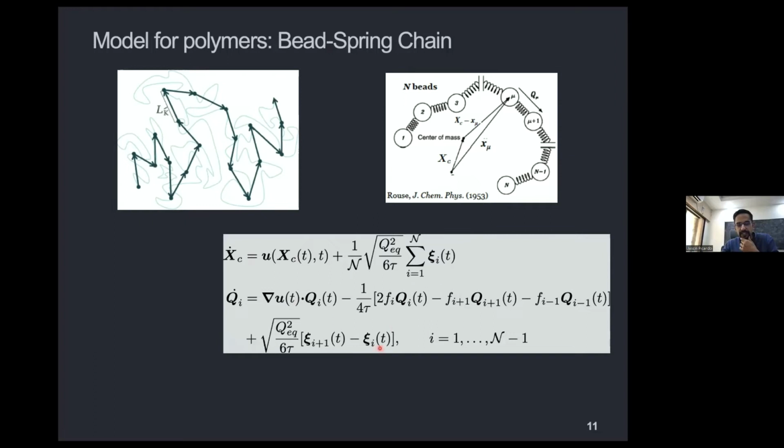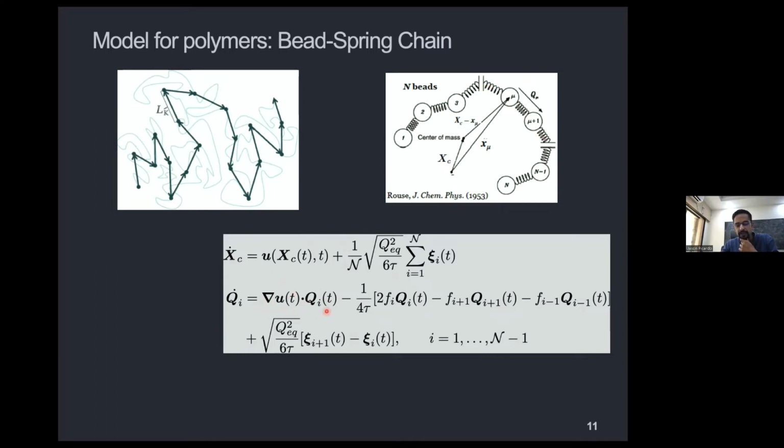These are the equations that we get for an n-bead chain. You have the equation of motion for the center of mass, which just moves with the velocity sampled by the center of mass of this chain. Then you have white noises applied on the beads to represent the effect of thermal forces from the solvent. We also complement this with the equations for the interbead separation vectors, Q_i.